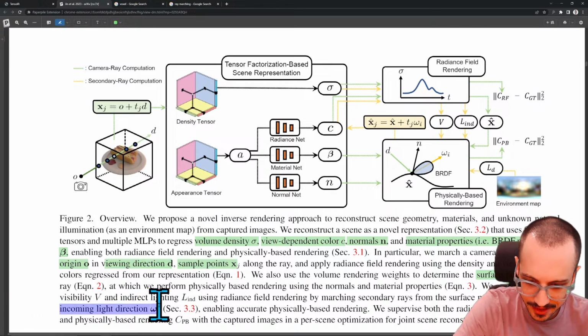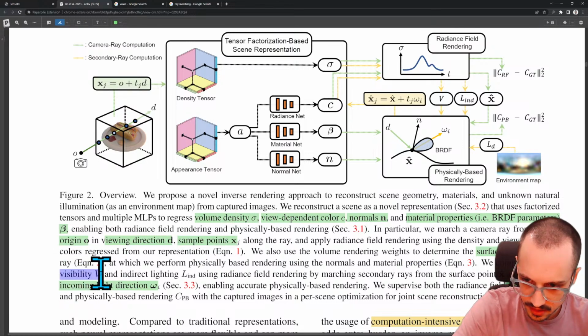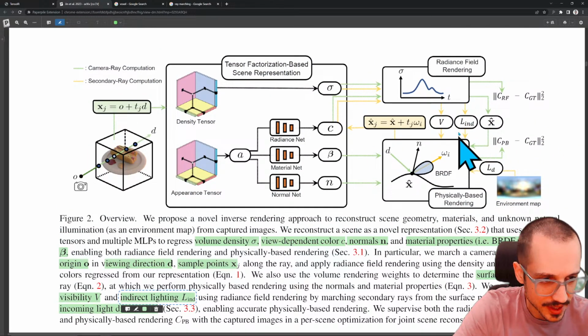I wonder how they get that, because you're not going to have access to the incoming light direction unless you're using a synthetic scene. So potentially a flaw there. Visibility V and indirect lighting LIND. Okay, so now we know what LIND means. LIND here is indirect lighting.